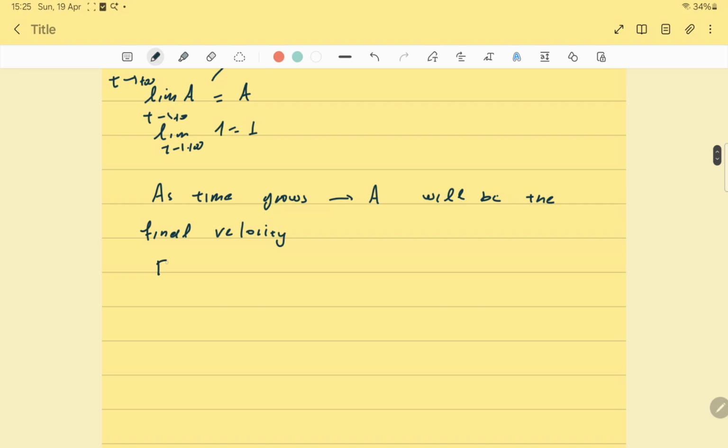From the final value theorem, A is going to be the final velocity as t goes to infinity, as time grows large enough.